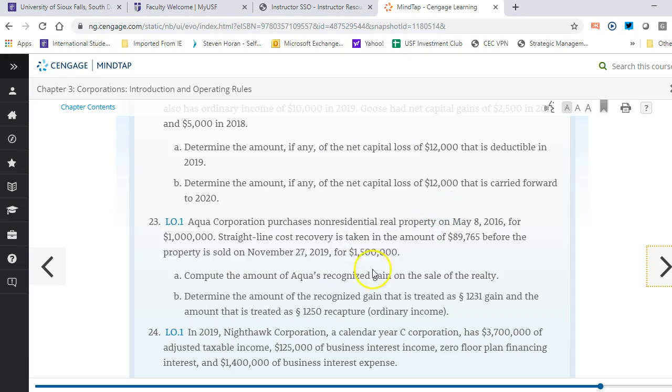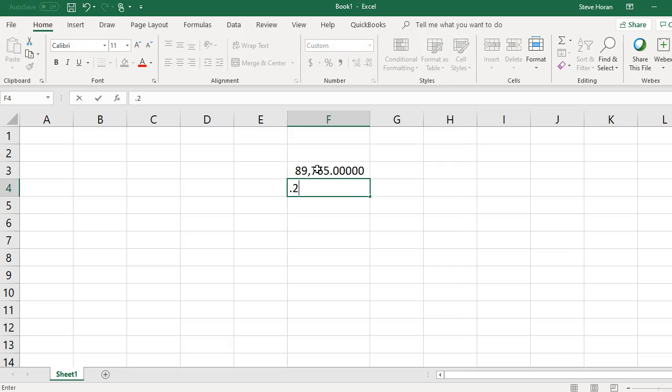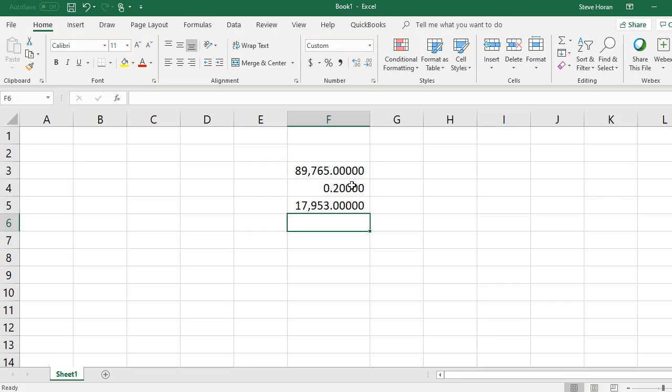Up here it says 89,765, and that is the straight line cost recovery. So I'm going to type in 89,765. We'll take that times 0.2 for 20% and multiply the two numbers, and we get 17,953. So 17,953 is the answer.